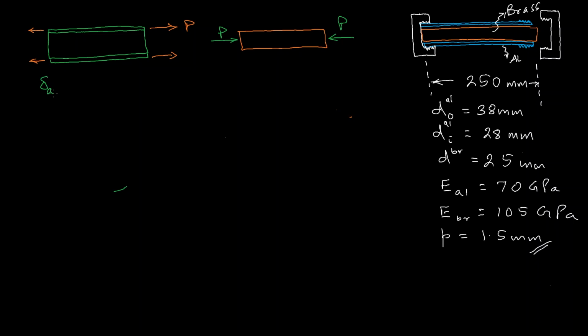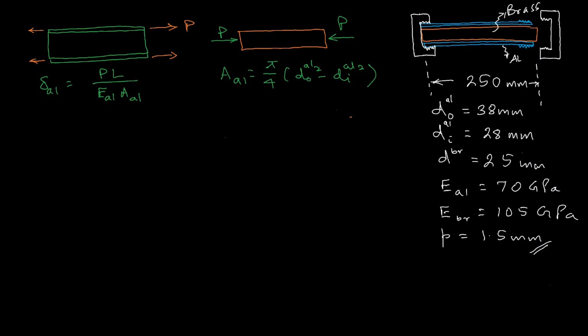Because of this force there will be an extension, say delta in the aluminum, equal to PL over E aluminum A aluminum. Now this A aluminum is nothing but pi over 4 times d outer aluminum squared minus d inner aluminum squared. This is how the area will be calculated, and E aluminum is given.